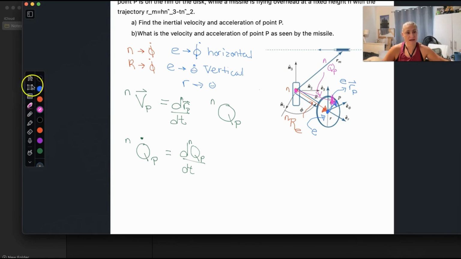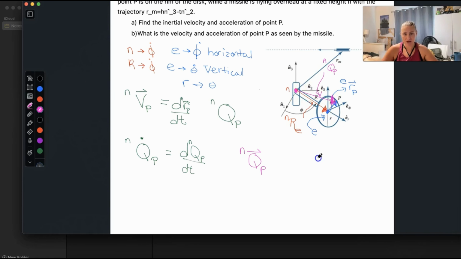All right, so now let's use relative position. Actually, let's just keep that there for a second. What does our position vector look like? Can someone tell me? Well, our position vector is going to equal the sum of these two vectors. So let's draw this out.